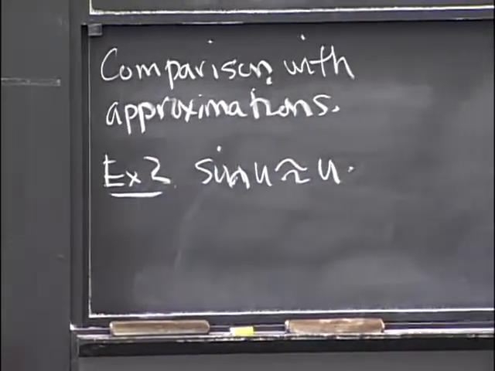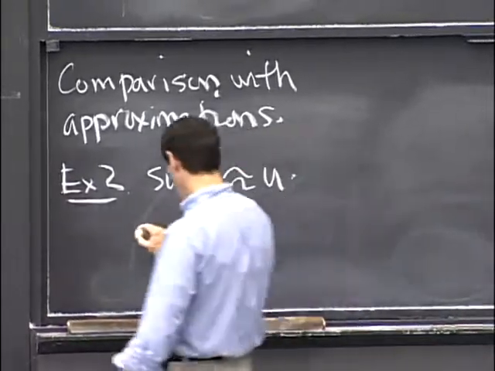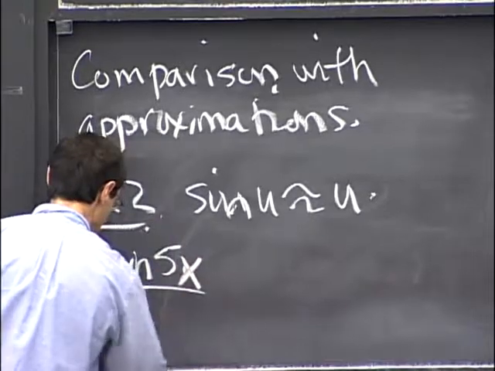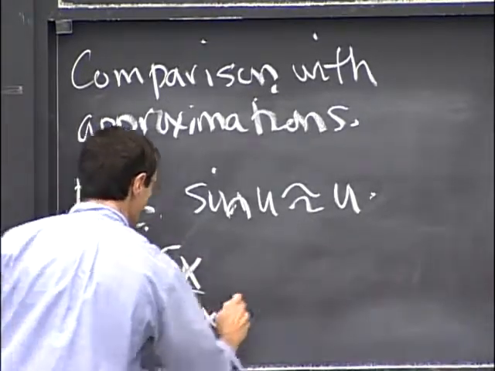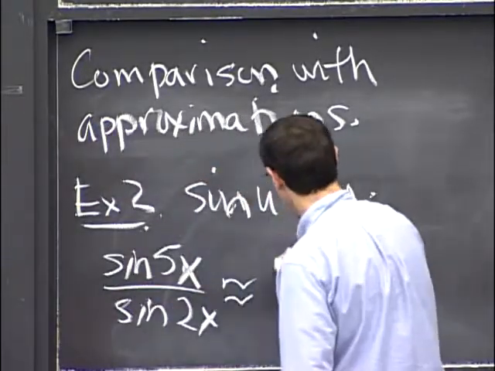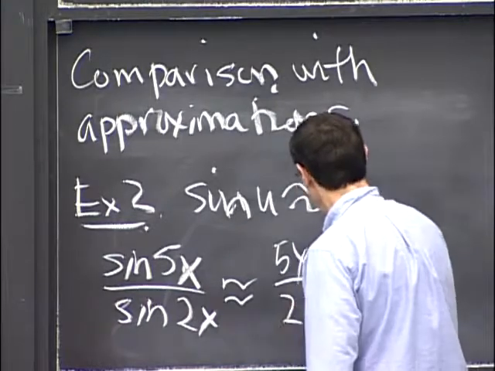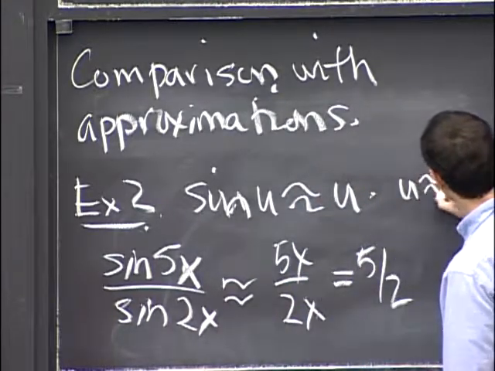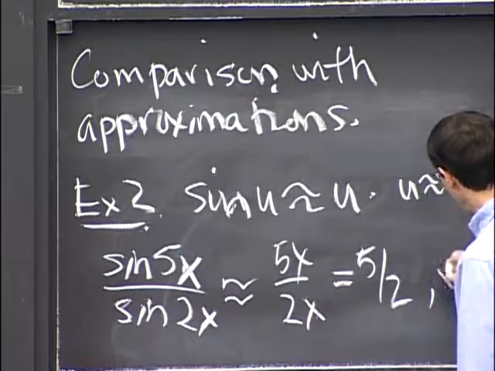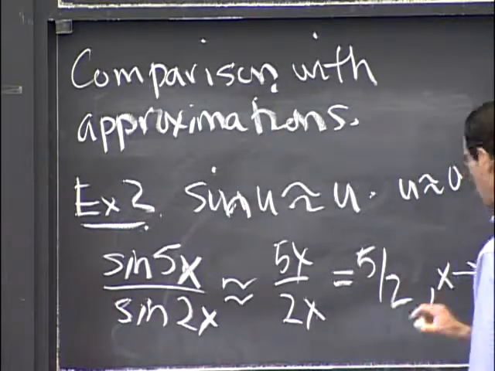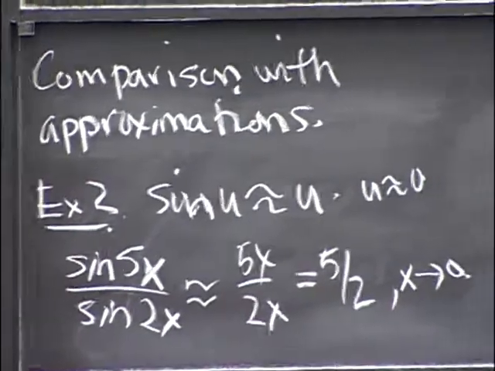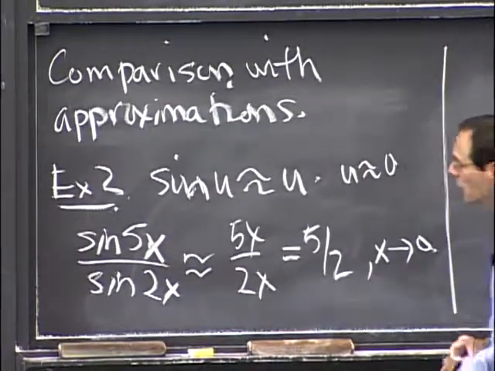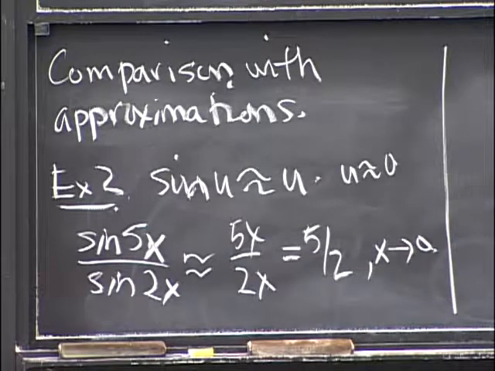We would use that linear approximation. And then what we would have here is that sine of 5x divided by sine of 2x is approximately 5x divided by 2x, which is, of course, 5/2. And this is true when u is approximately 0, and this is true certainly as x goes to 0. It's going to be a valid limit. All right? So that's very similar to example 2.